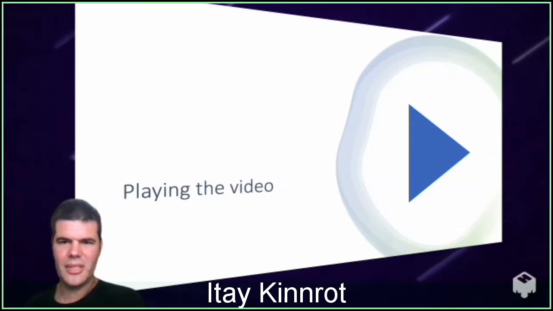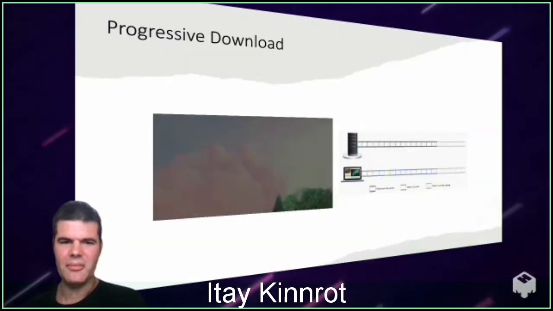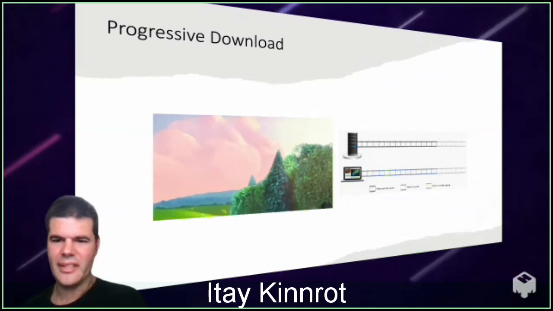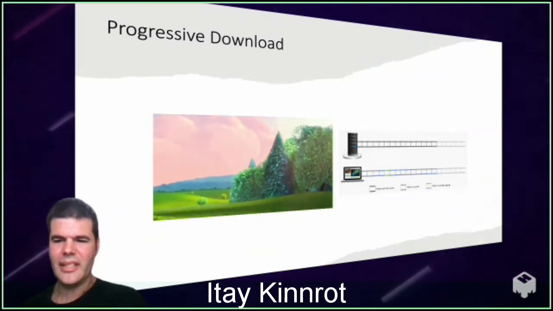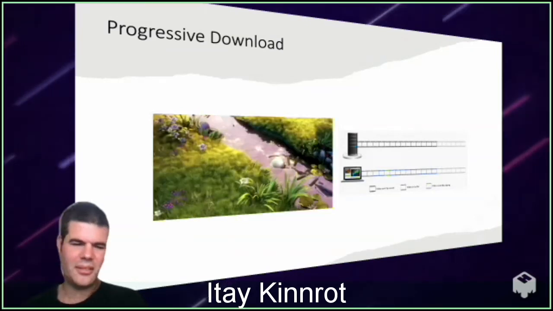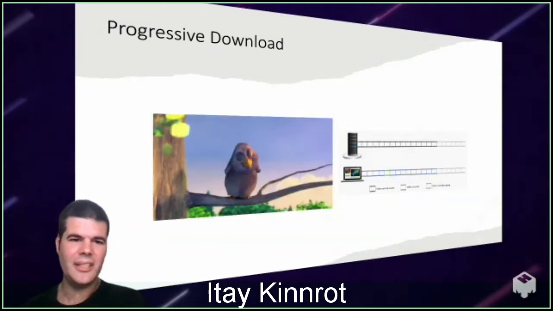So there are a few ways to play video. I will start with the naive one, what you probably all know, progressive download. You have an MP4 file on the server and you want to start playing it. When we package and create the MP4 file, we usually put the index at the beginning.